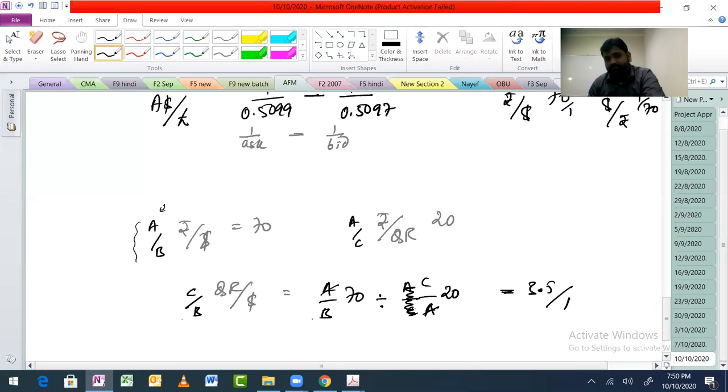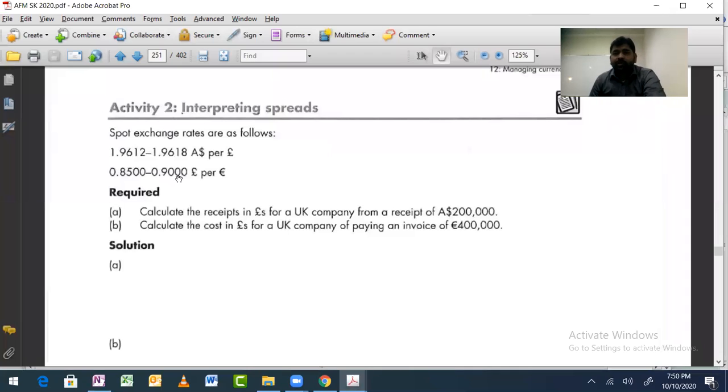Okay. Now since here we have bid ask both and they are asking to calculate the receipts in pounds for a UK company from a receipt of Australian dollar. Here I think this is not that synthetic rate, because they're talking about this.